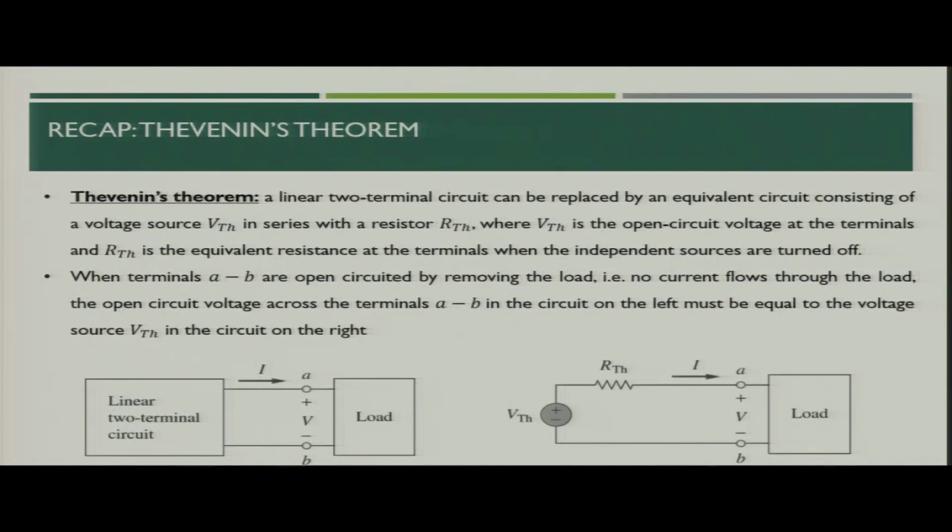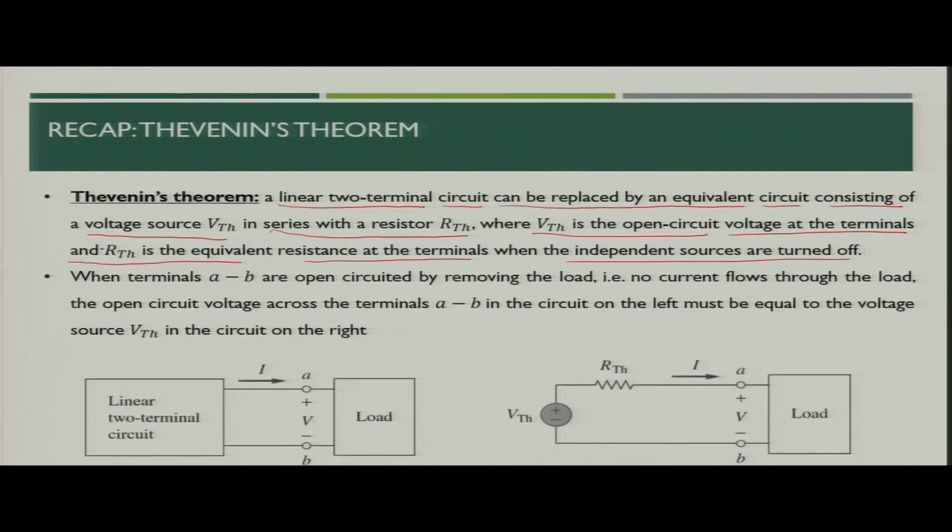First, let us recap what we discussed in the last class. We discussed Thevenin's theorem, and we discussed that a linear two terminal circuit can be replaced by an equivalent circuit consisting of a voltage source Vth in series with a resistor Rth, where Vth is the open circuit voltage at the terminals and Rth is the equivalent resistance at the terminals when the independent sources are turned off.